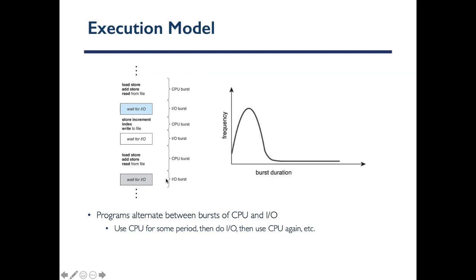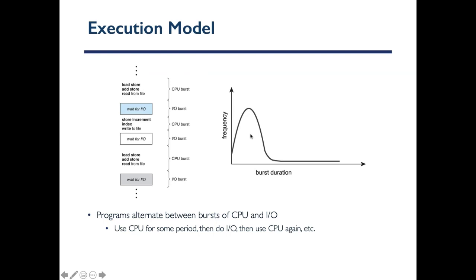Now, this is basically a figure that summarizes this behavior in terms of the duration of CPU bursts. In this graph, on the x-axis I have the burst duration, how long each one of these CPU bursts takes, and on the y-axis I have the frequency.